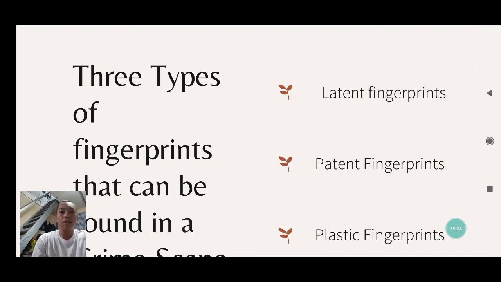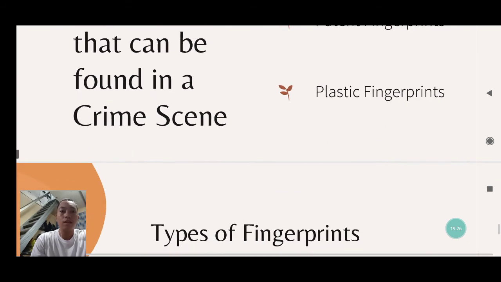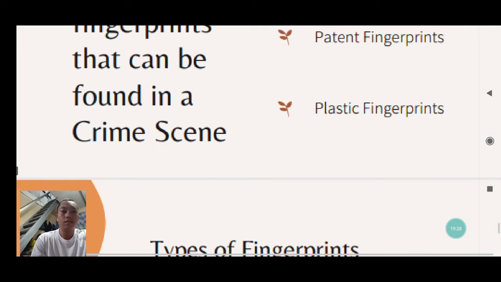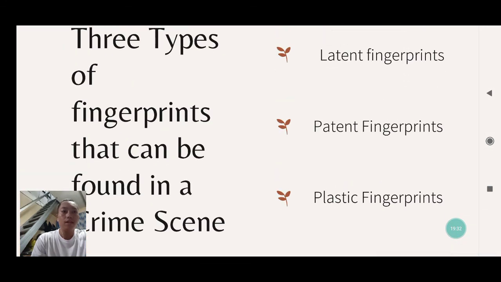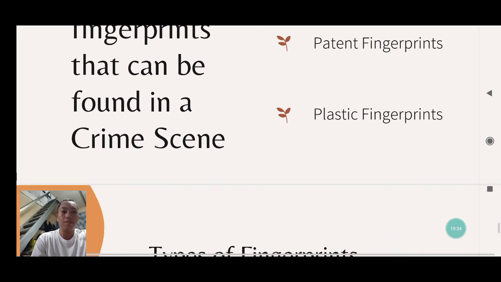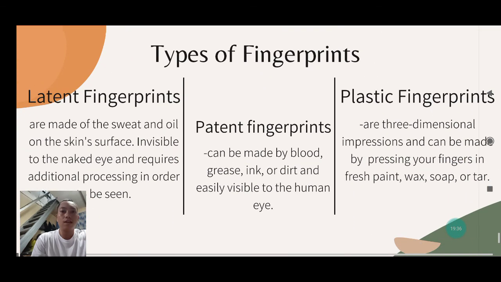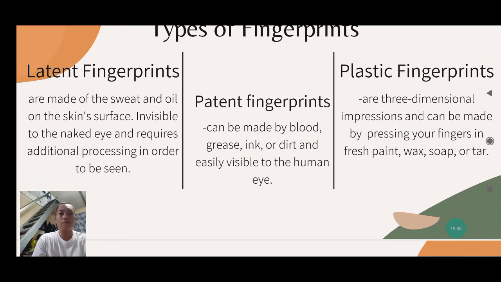There are three types of fingerprints that can be found at a crime scene: latent fingerprints, patent fingerprints, and plastic fingerprints. Latent fingerprints are made of the sweat and oil on the skin surface, invisible to the naked eye, and require additional processing in order to be seen.